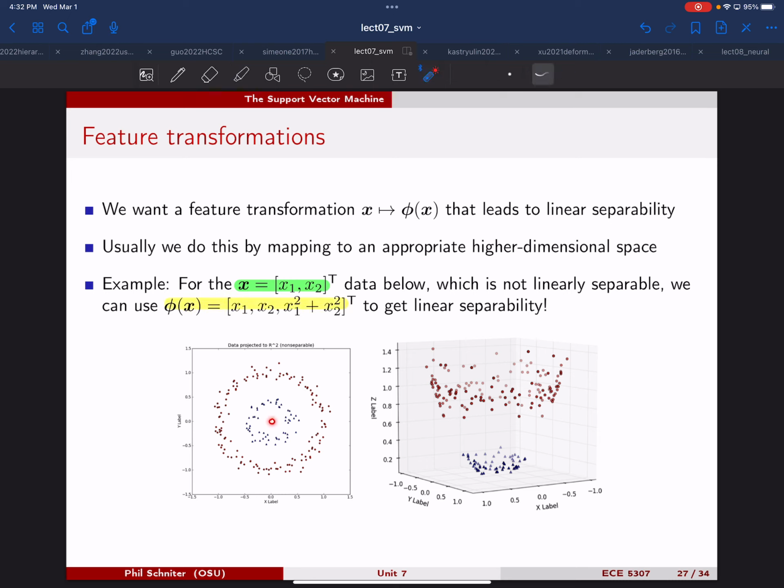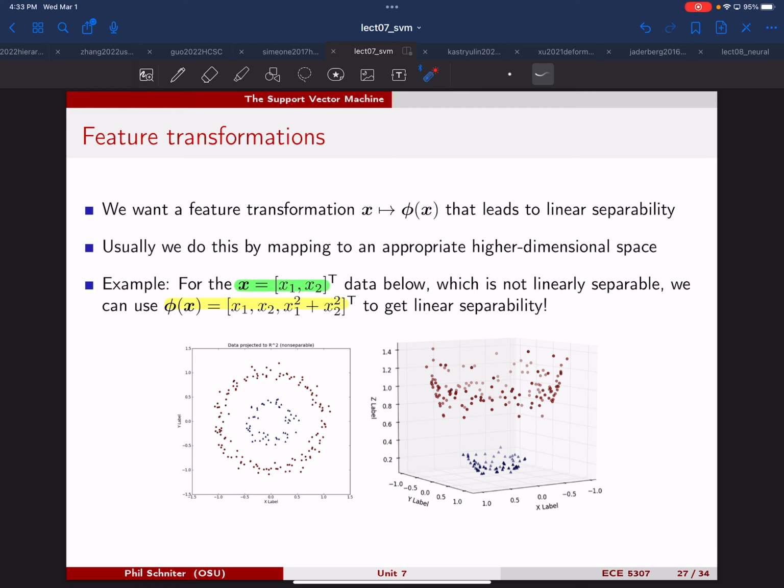Notice that this is the origin in this space. So if I add a new feature, which is the squared radius, x1 squared plus x2 squared, now you can see I have a three-dimensional space, and this is my new feature, x1 squared plus x2 squared. In this new space, I can pass a plane through here and perfectly separate my data. So it's sort of like in the original feature space, we were able to create a circular boundary by lifting up to a higher dimension and then putting a linear boundary there.